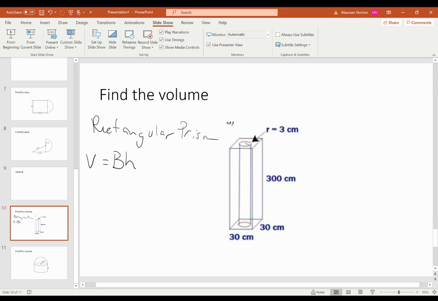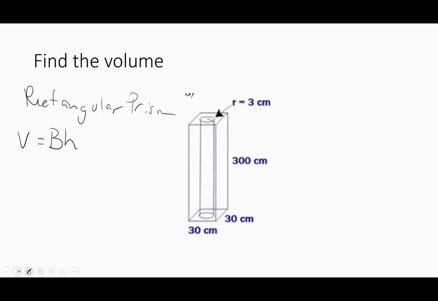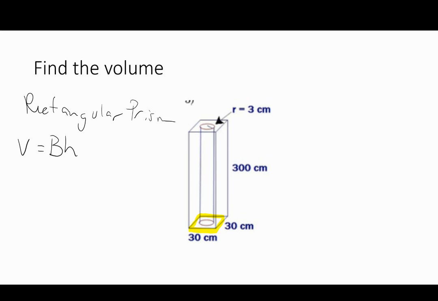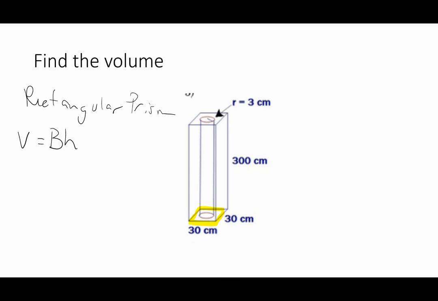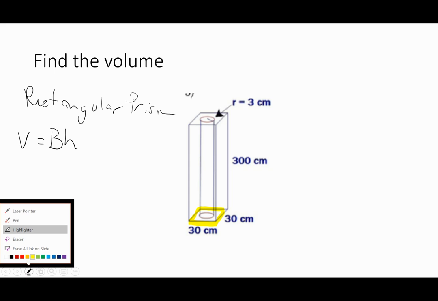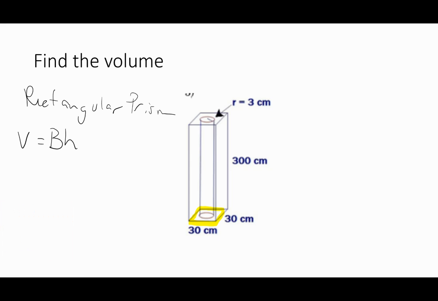So if we look at the area of the base in here, you can see that it is a square. So when we look at that, we can see that the area of that base is going to be 30 times 30.